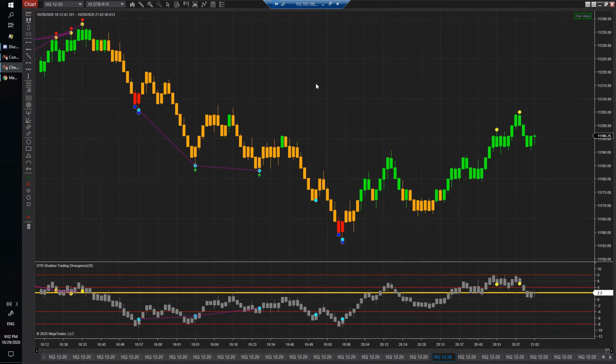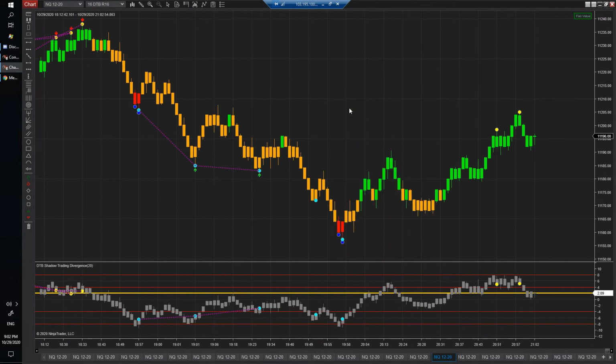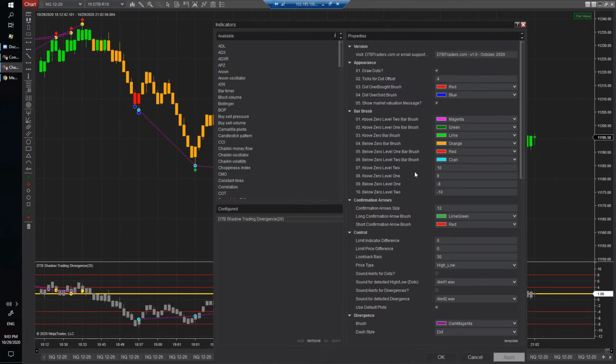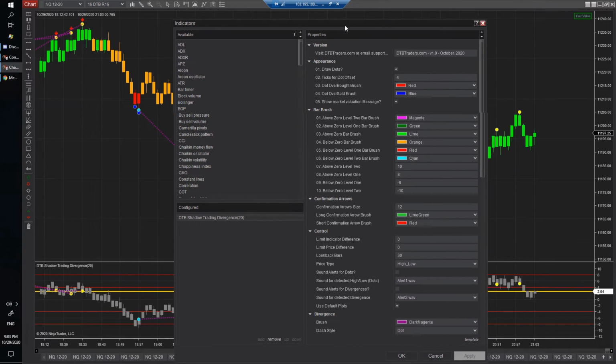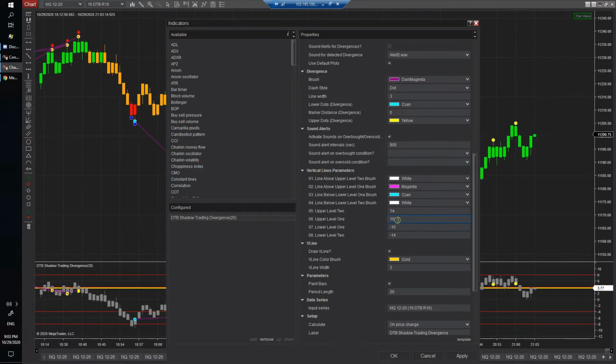Now, the benefit with this particular indicator is that it also has audible alerts attached, but you could also adjust the sensitivity of those dots. So if you want those divergences to plot, if you want those dots to plot more frequently, you can adjust these levels to lower levels, and they will plot those dots more frequently on the chart, and that could give you more opportunities to enter positions.